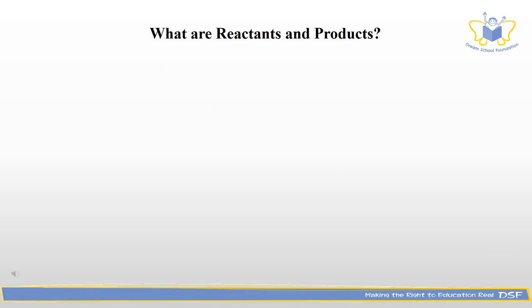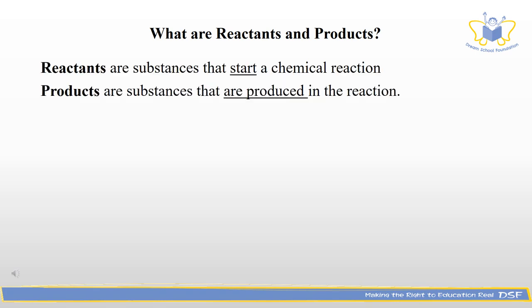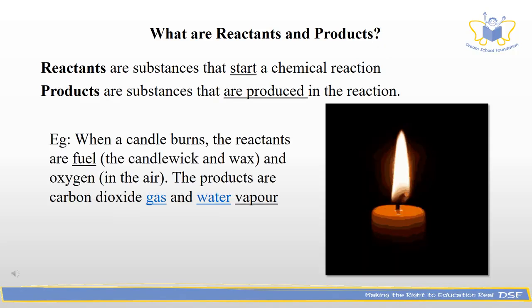What are reactants and products? Reactants are substances that start a chemical reaction, and products are substances that are produced in the chemical reaction. For example, when a candle burns, the reactants are fuel, that is, the candle wick, wax, and oxygen in the air.